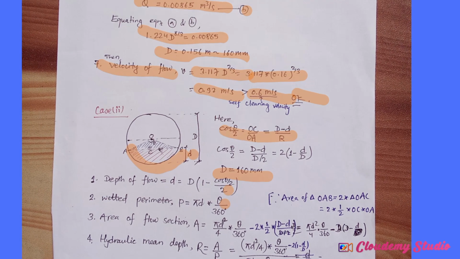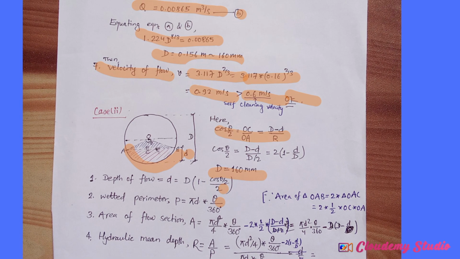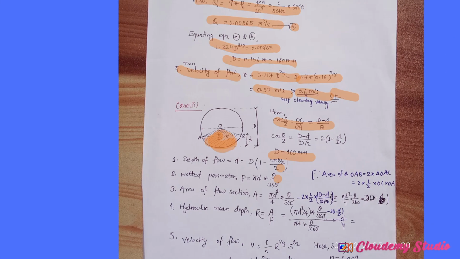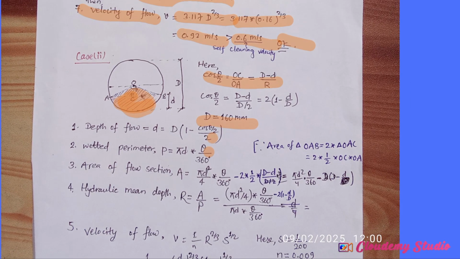To calculate the area of flow section, we first calculate this shaded area OAB, the area of that sector, which is pi D square by 4 times theta by 360, minus this triangle OAB.